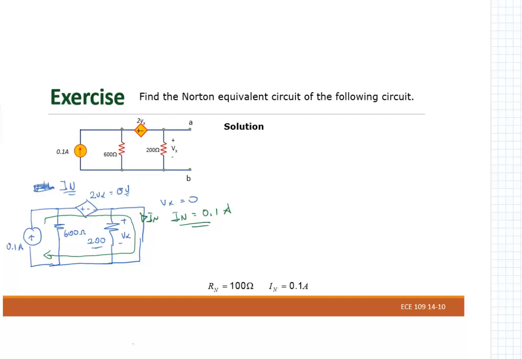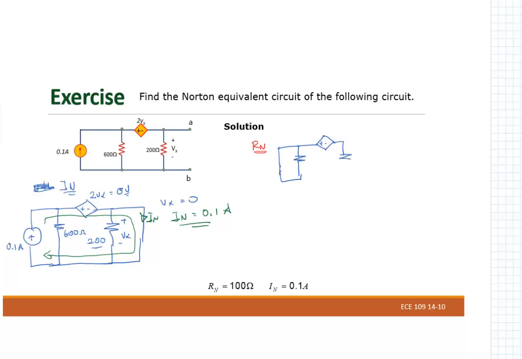Okay, so let's look at how we can find RN. Because of the dependent source, we're going to take the independent source off. We have this circuit here, and we make a short circuit right there. This one is still here, plus minus.